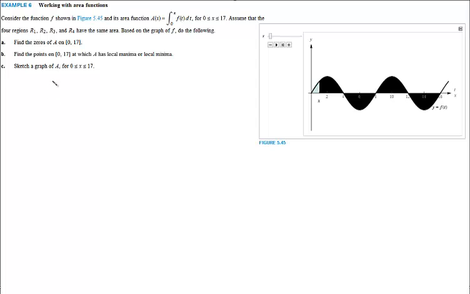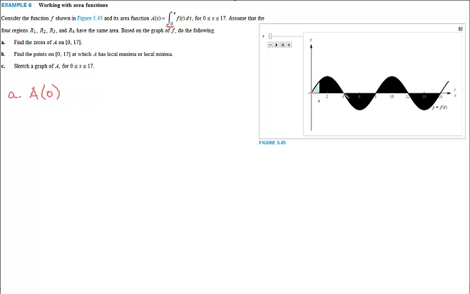Example 6, I'm supposed to find the zeros, or where my area is 0, on this line from 0 to 17. Okay, and my A begins at 0. Naturally, A of 0 is 0 because that's at the start point.